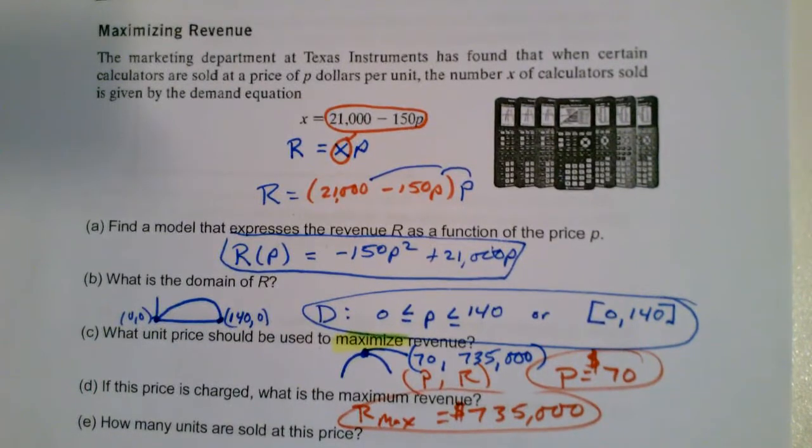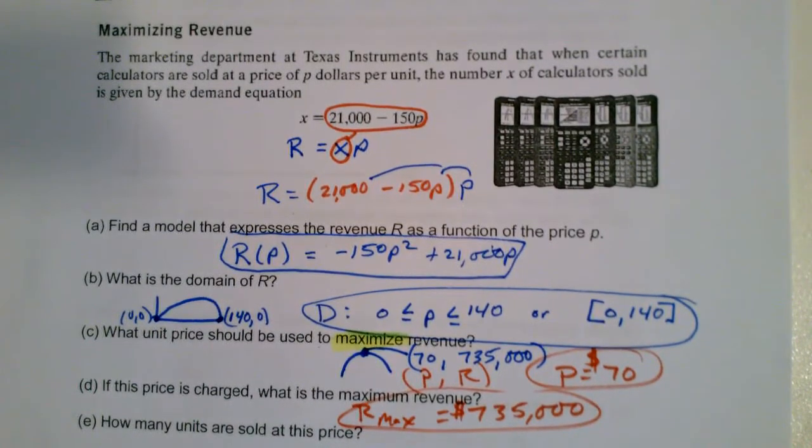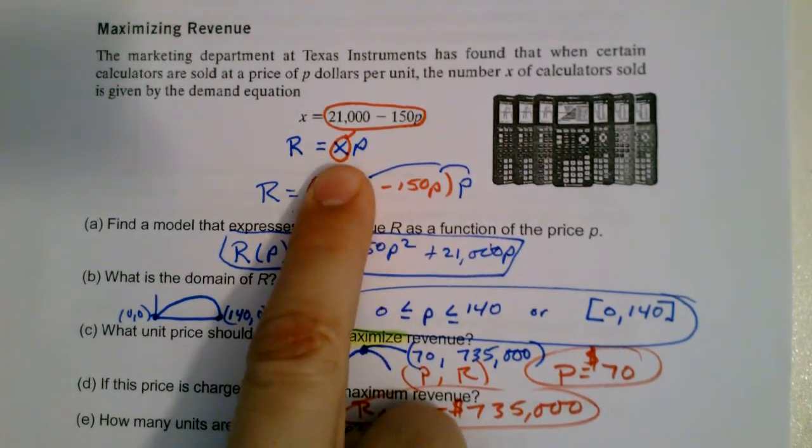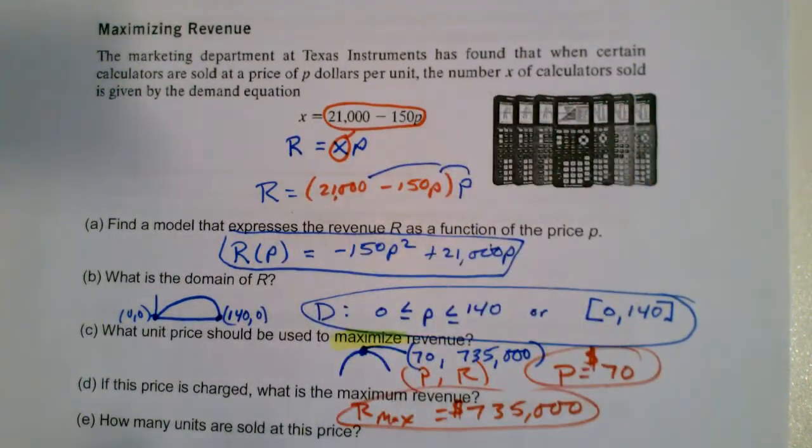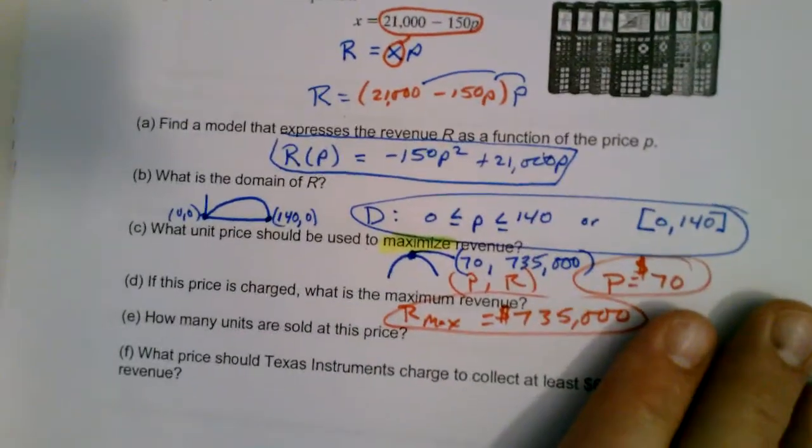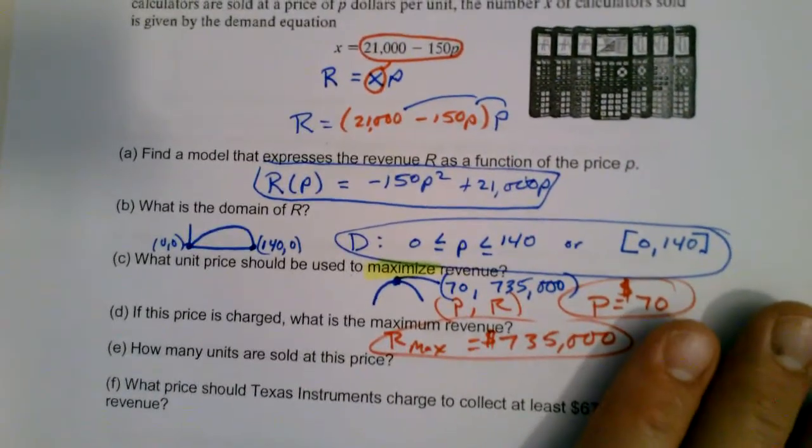What's the number of calculators? What variable are we using? Yeah, we're using X, right? Number of calculators. All right, so how many calculators are to be sold at that price?